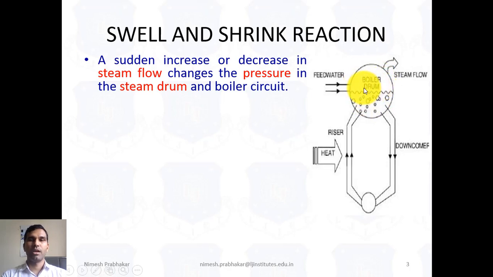That means if we change the flow of this steam outlet, according to that change in flow rate, the pressure inside the boiler drum increases or decreases. If we suddenly increase the steam outlet flow rate, there is a sudden decrease in the pressure inside this drum, and if we reduce the steam flow rate, then the pressure will increase inside this drum.